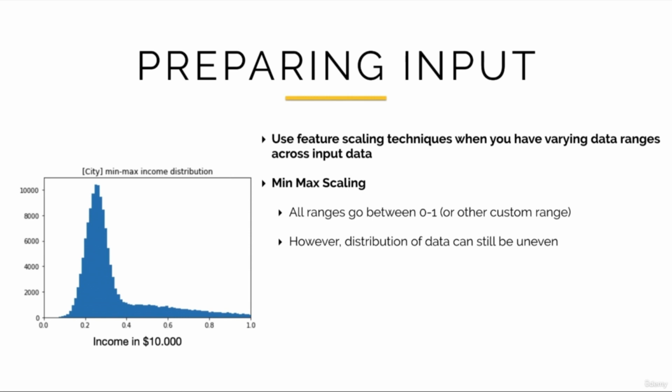Now, of course, a problem that you can also get from this is if we have most of our data within the lower part and we have some outliers, these outliers can heavily affect the range of our distribution. So in this case, we can see that most of our data is around the 0.3 mark, but just some of the outliers, which is the 20 up here, that's what pulls it all the way up to 1.